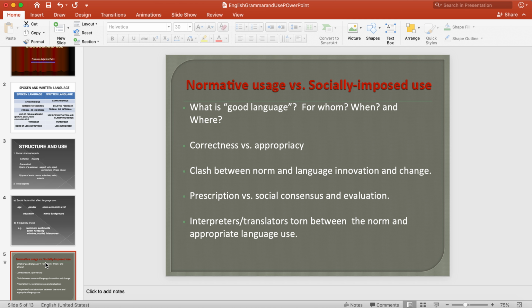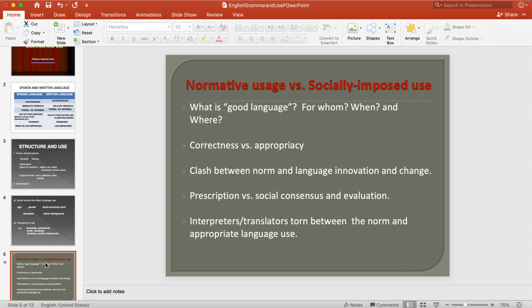But then language changes, as we say. Well, we change, and remember, language does not change on its own. We change it. We speakers change it, and we innovate in language. So there's the norm on the one hand, and there's language innovation and change, and there seems to be a conflict sometimes.